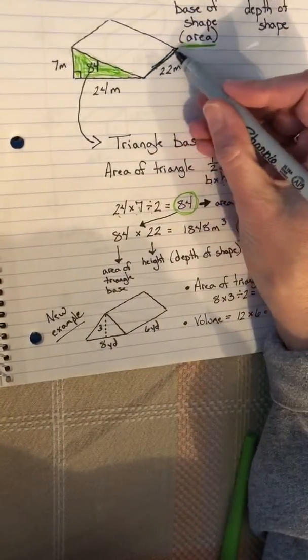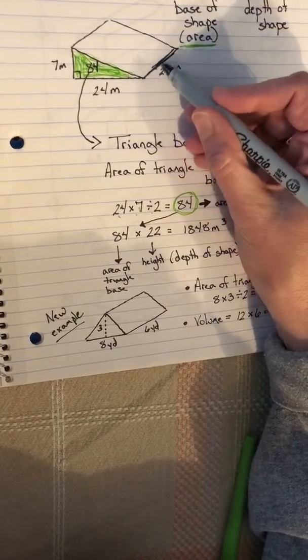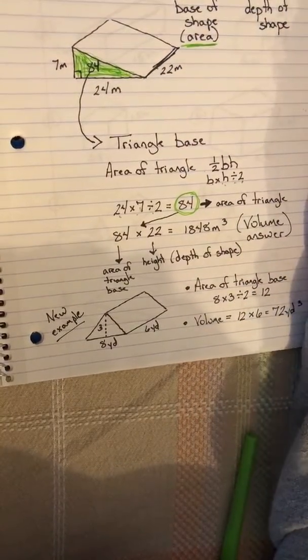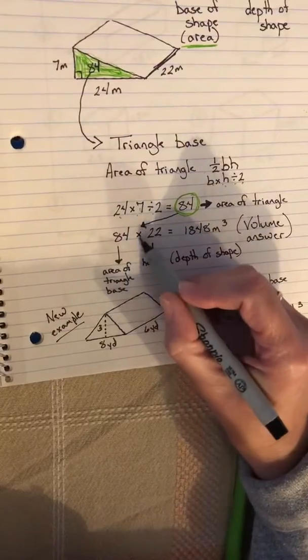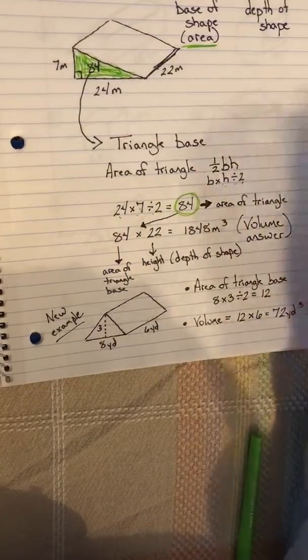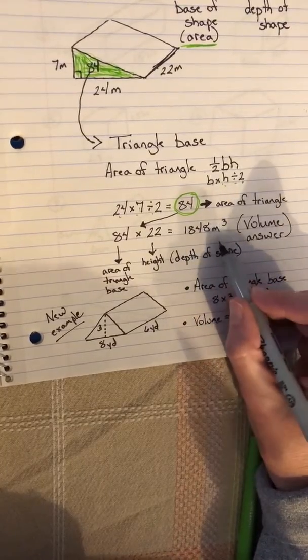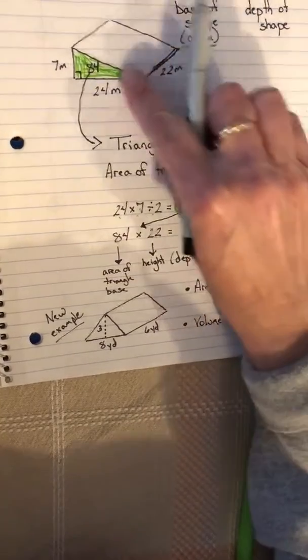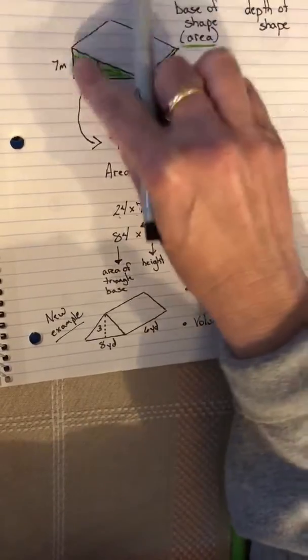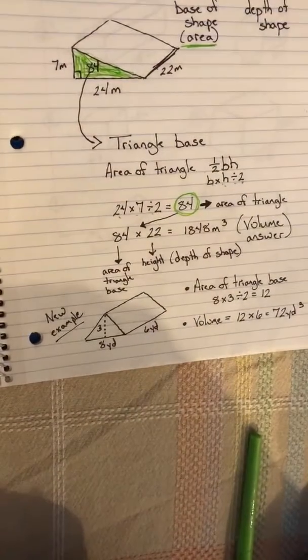So traveling this way, this is the depth of the shape. So we do 84 times 22 to come up with 1,848 meters cubed. That would be the volume of this ramp type shape.